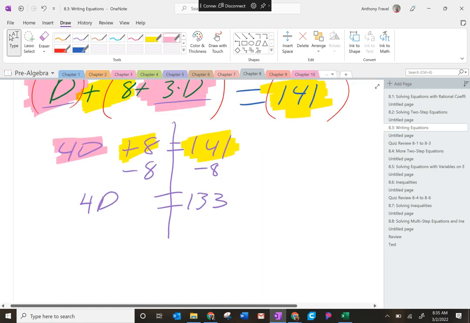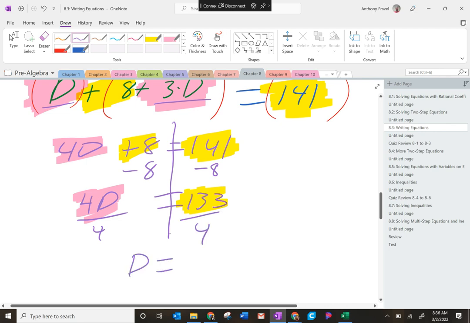And then because this one and this one are different colors, I'm going to get that D all by itself. So divide this by 4, divide this by 4. My final answer should be D equals, what was it, 33.25? 33.25.